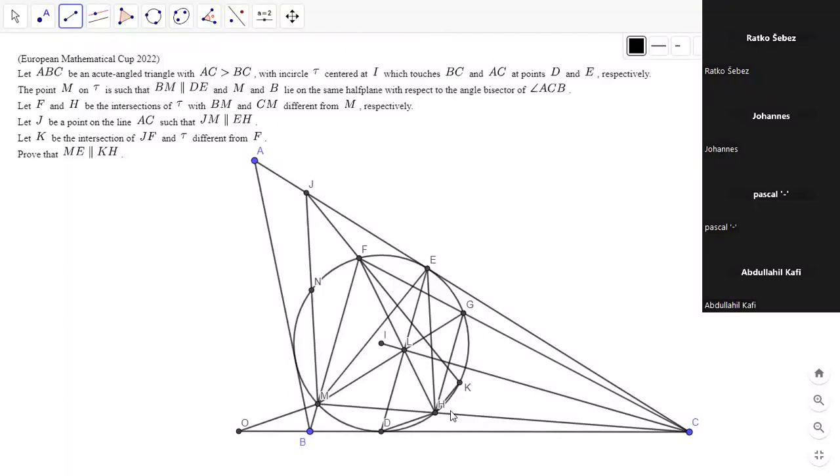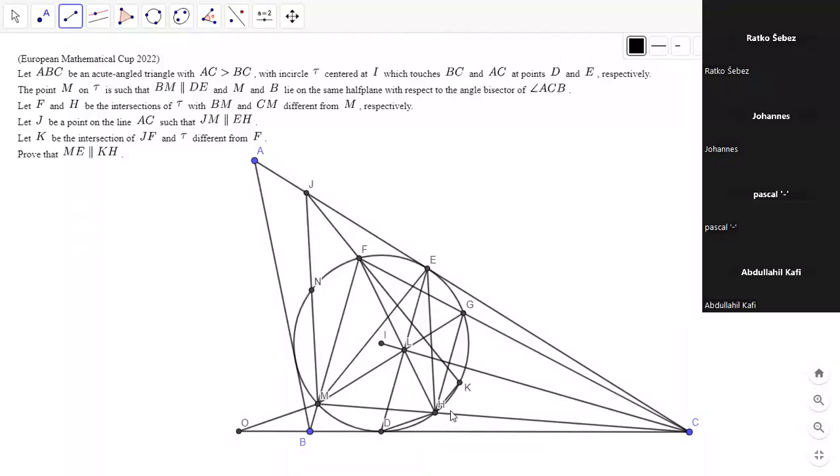In fact, let me think about this. I was thinking of showing that GF is equal to MO. And using that, and that OJ is parallel to MF, we can show that OJFM is cyclic, because it is an isosceles trapezoid.